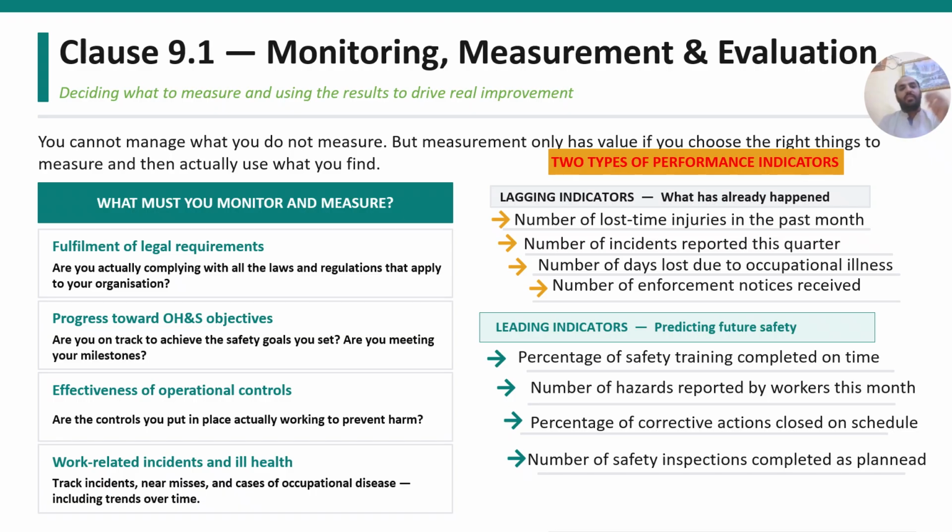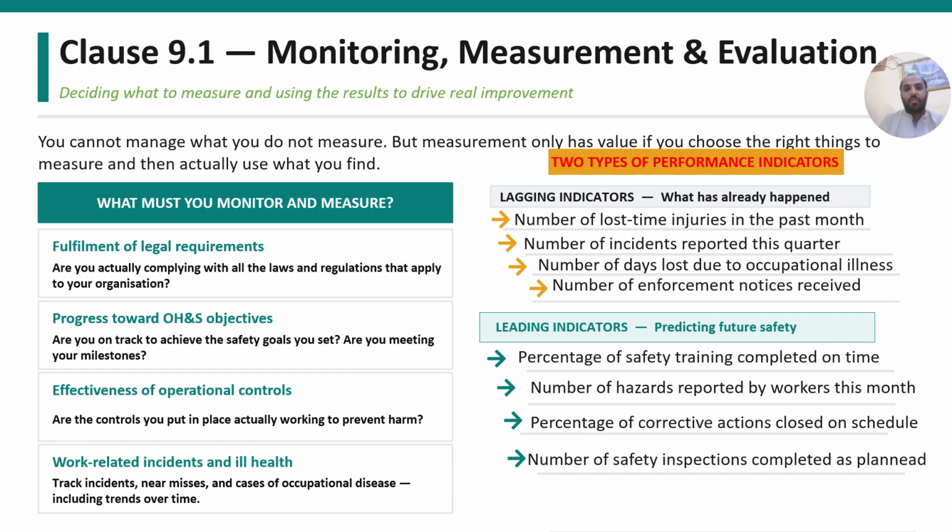The first area is the fulfillment of your legal requirements, not just whether you know what your legal requirements are, but whether you are actually meeting them in practice. This is an important distinction. The second area is your progress towards your occupational health and safety objectives. Are you on track? Are you meeting the milestones you set when you planned your objectives?